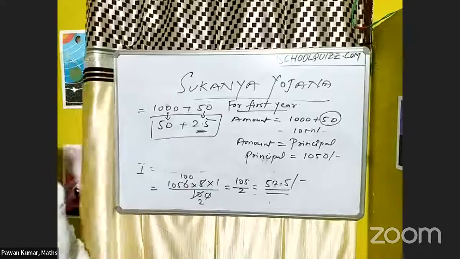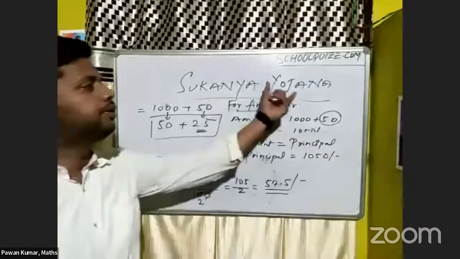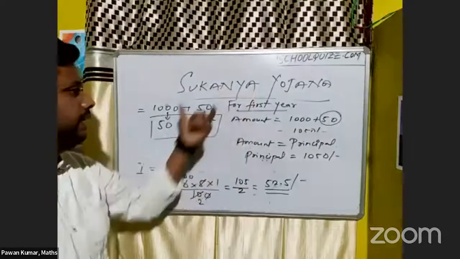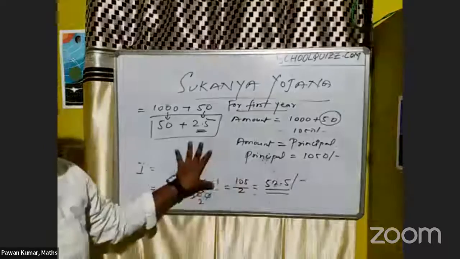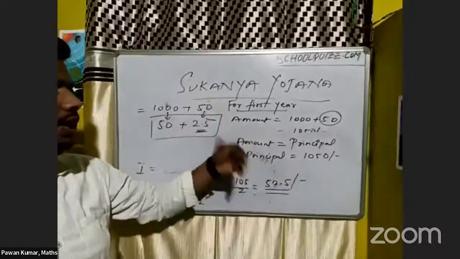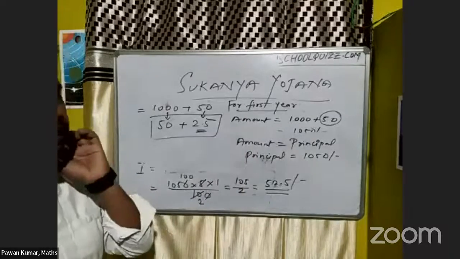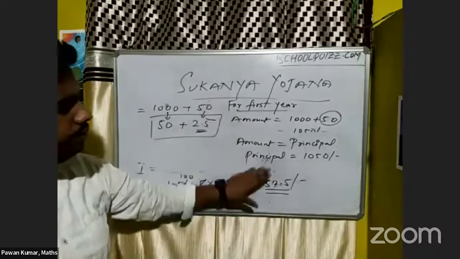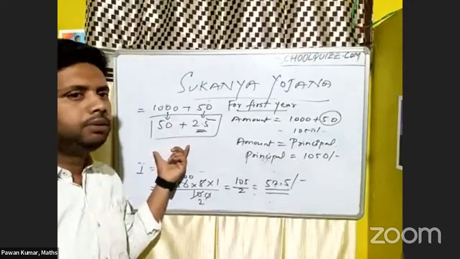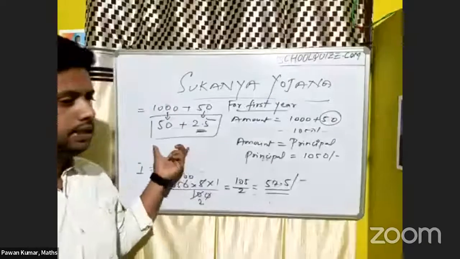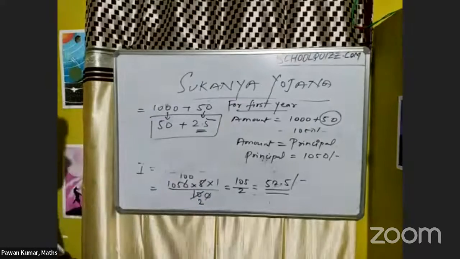Now the government has given the Sukanya Yojana, where parents submit amounts for their girl child, and they will give you interest as per compound interest. That's why they give you more interest after 15 or 20, 21 years.